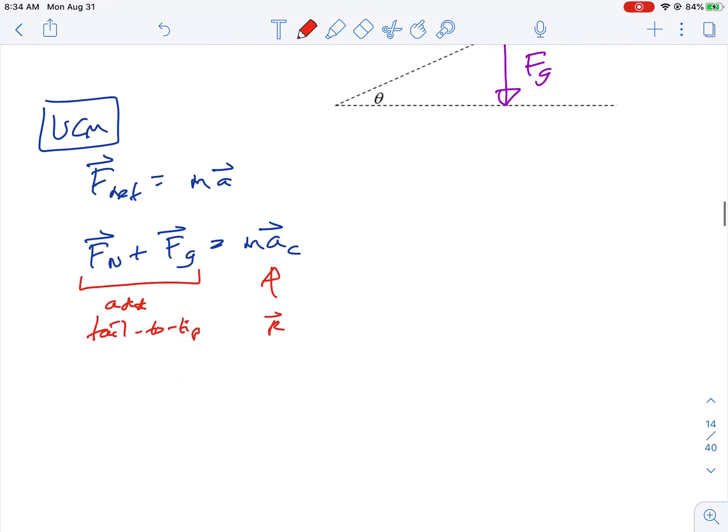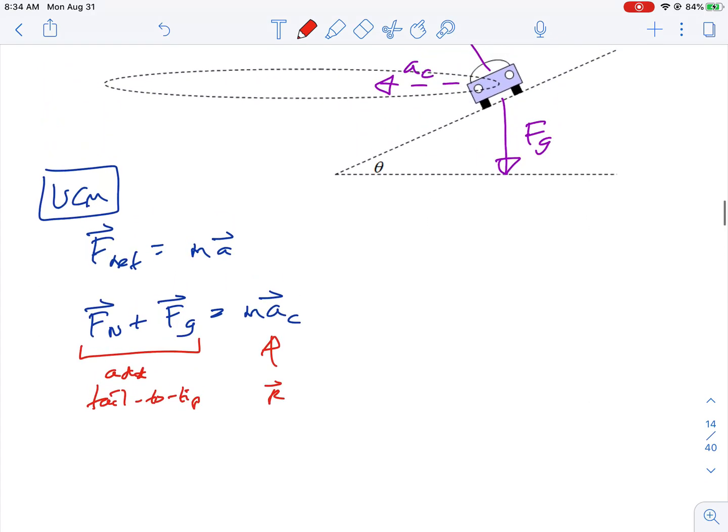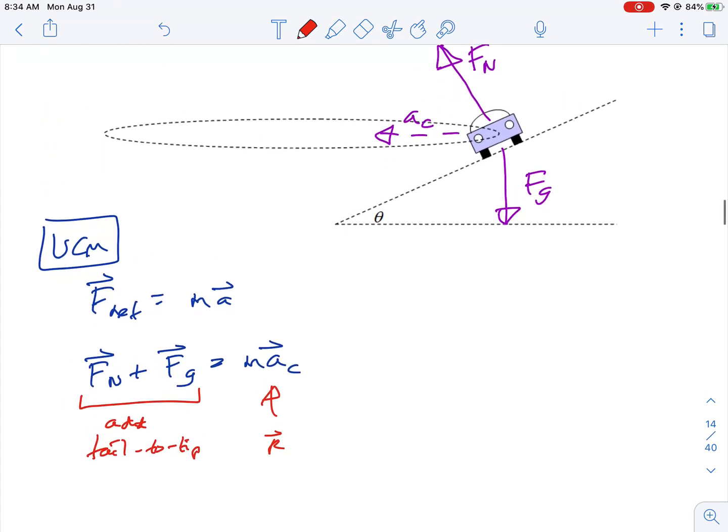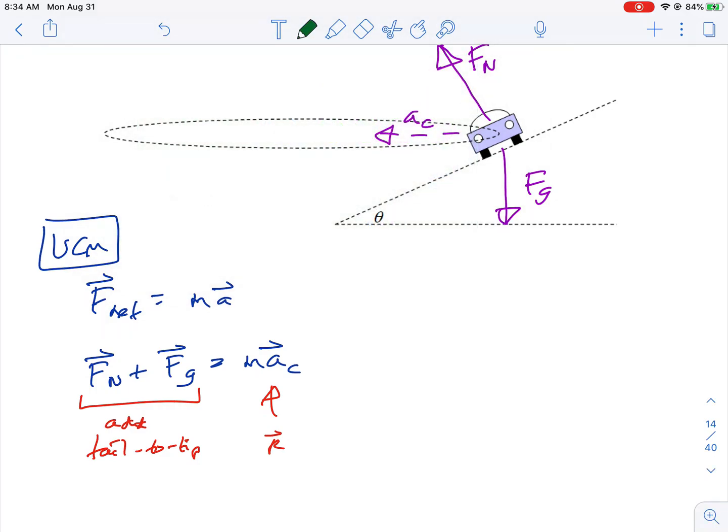Good. So let's do that. I'm just going to do this on the side here. So we start with Fn, and Fn is going this way. Then we're going to add Fg to that. Remember, you add it to the tip. So to the tip of that vector, we now go down. There's our Fg.